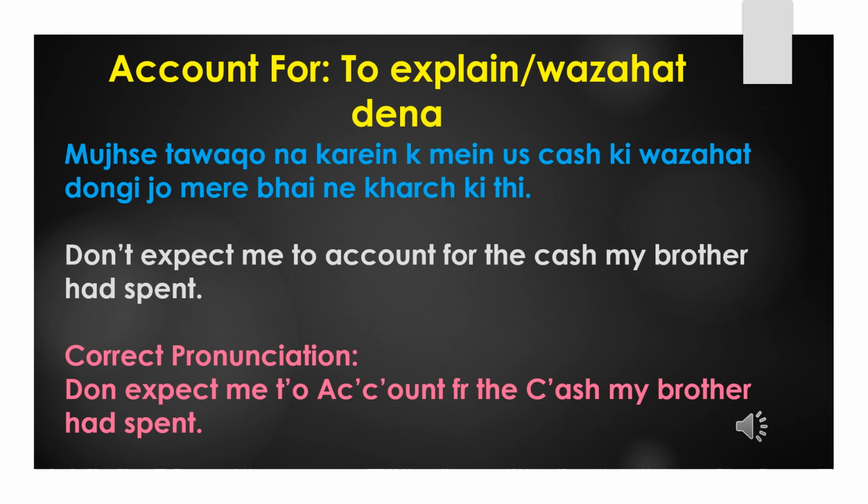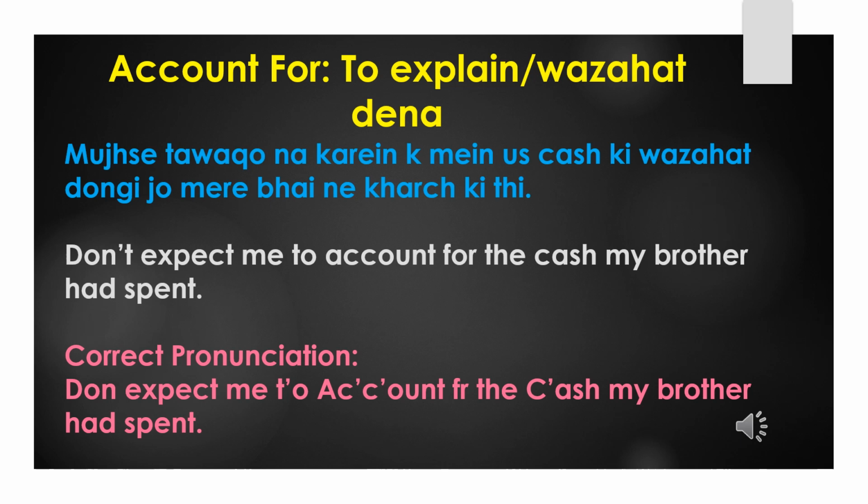And the correct pronunciation would be, let me explain it to you. So, don't के अंदर जो T है वो silent हो जाएगा and it would be like don't, don't. Expect ही रहेगा, me भी ही रहेगा.